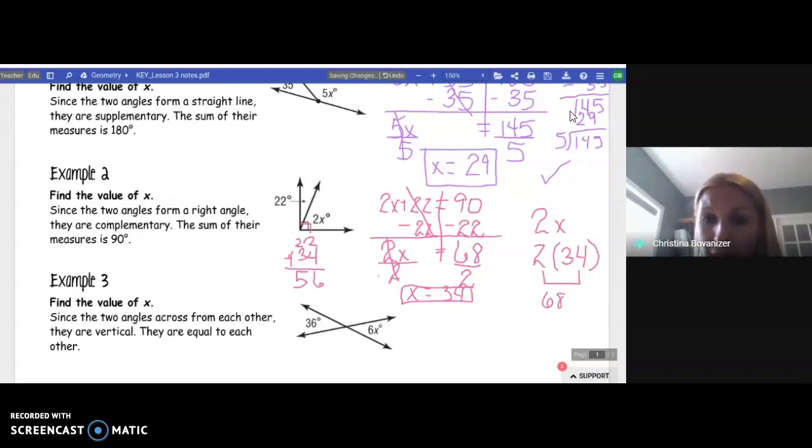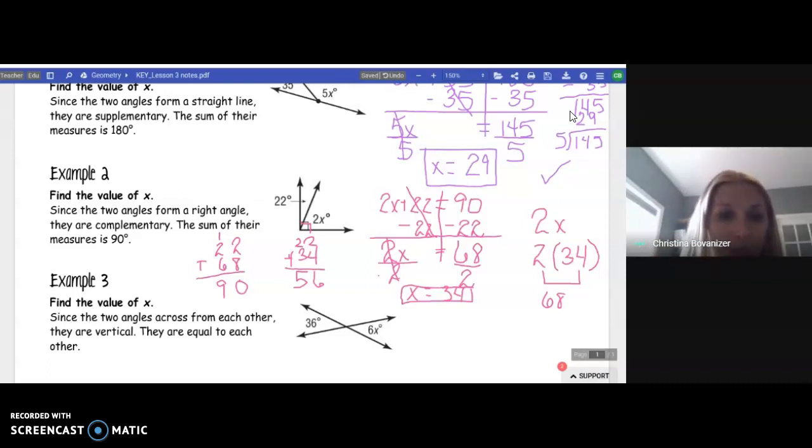So if we tried that and we did 22 plus 68, that's your 90 degrees. So 34 is not the measure of the angle, 34 is x, but then you can plug that 34 in for x into the expression for the angle 2x.